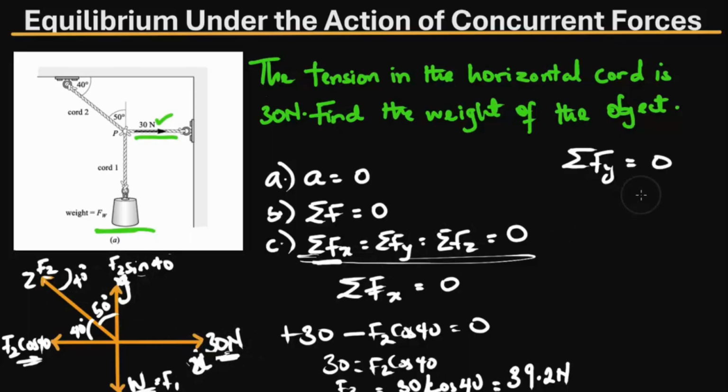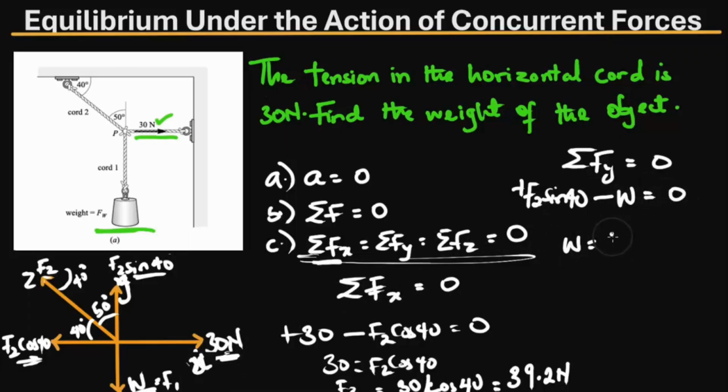Alright, so the summation of forces in the y direction, we have our weight in the y direction. We also have F2 sine 40 in the y direction as well. So F2 sine 40 is in the positive y direction, and our weight is in the negative y direction. So F2 sine 40, that's going to be positive, then the negative, which is our weight, minus weight, is equal to 0.